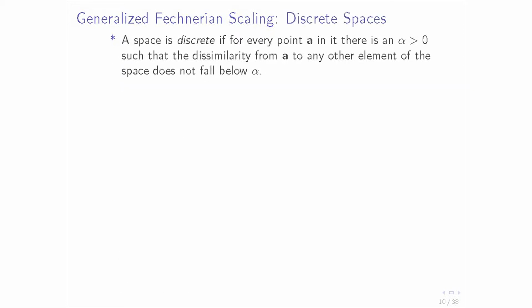So if we have a so-called discrete space, that means that for every stimulus or every point there is an alpha greater than 0, such that the dissimilarity from A to any other stimulus of the space does not fall below this alpha. So a more special case would be even a finite set of stimuli. That's a threshold.